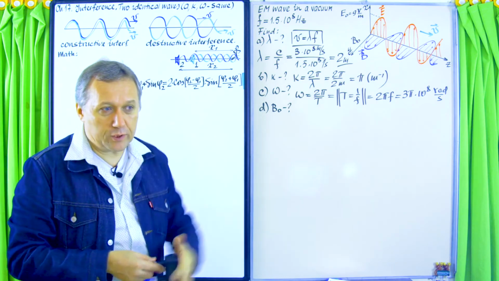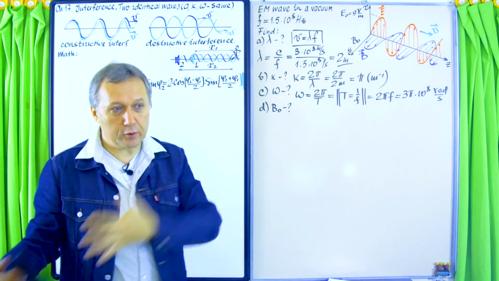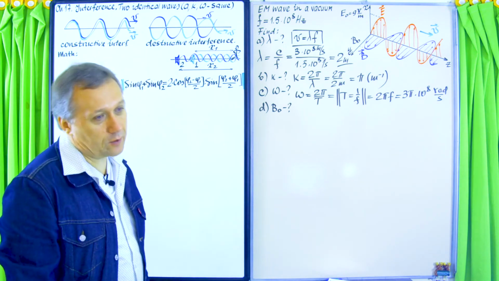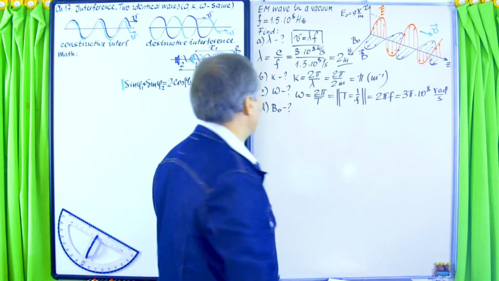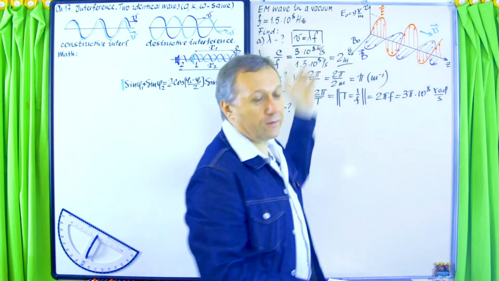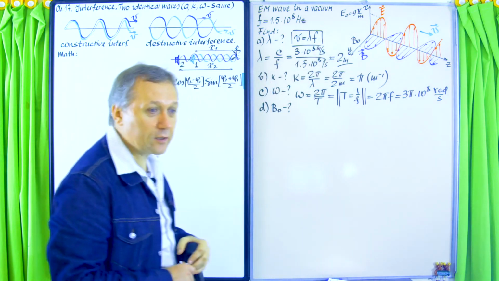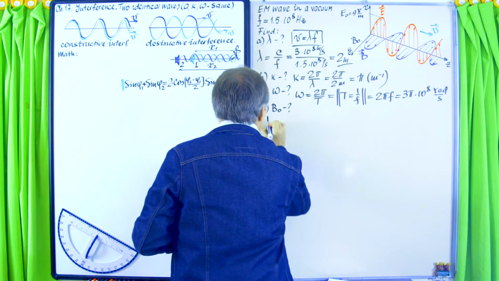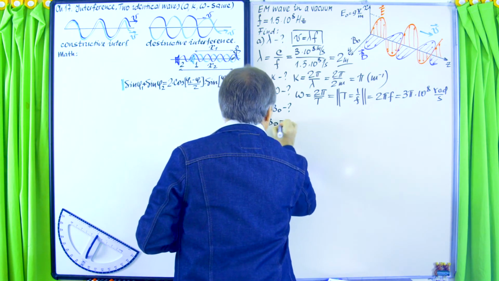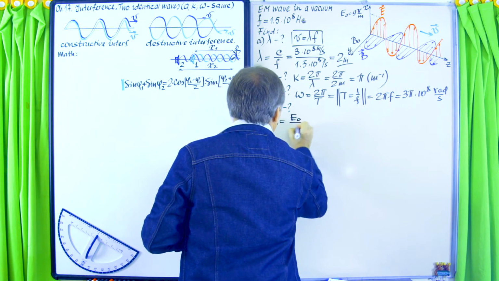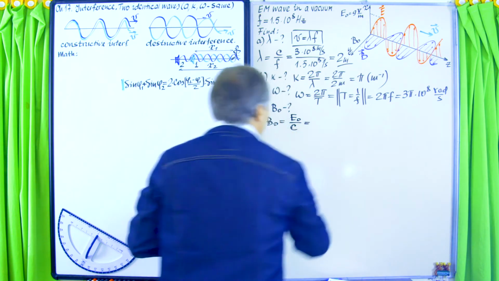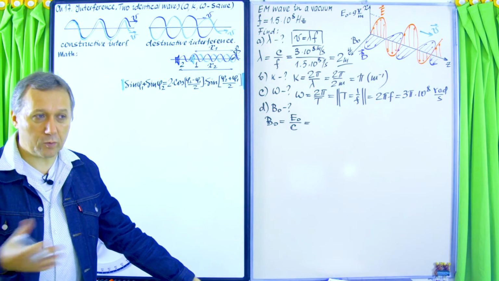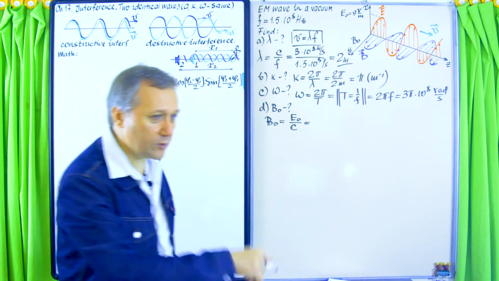I don't know how you can take the amplitude of the electric field and use it as the amplitude of the magnetic field, but I see it almost every semester. We need to remember that electric and magnetic field amplitudes are connected through the speed of light. So B naught equals E sub 0 divided by c, where of course c is the speed of light. Again, as I told you, once you know one of the amplitudes, you should be able to find the other one like that.